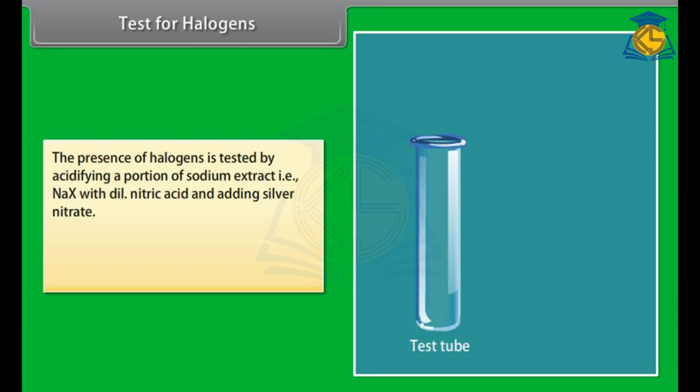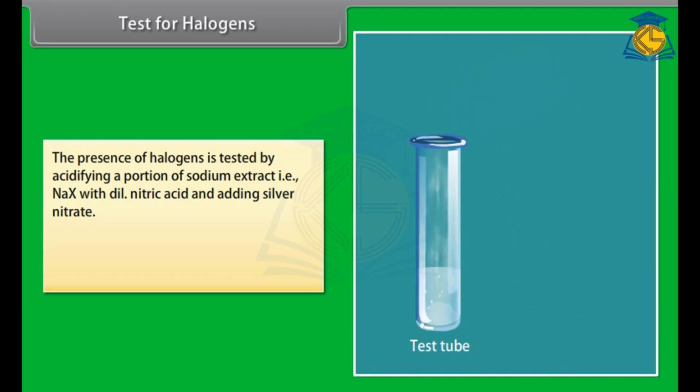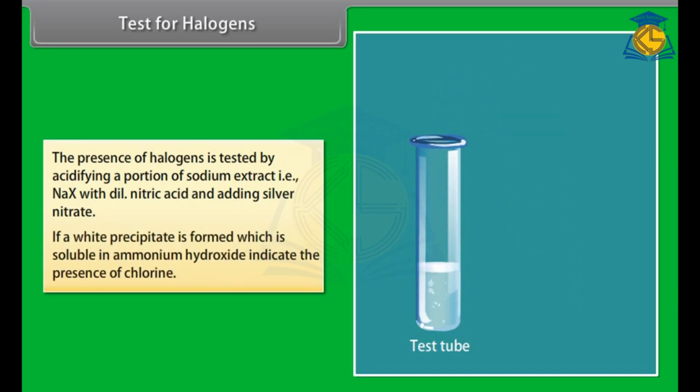Test for halogens. The presence of halogens is tested by acidifying a portion of sodium extract, that is NaX, with dilute nitric acid and adding silver nitrate. If a white precipitate is formed, which is soluble in ammonium hydroxide, it indicates the presence of chlorine.